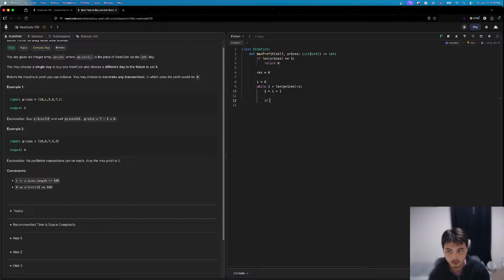If prices i is less than prices j, we can do a calculation, right? So res is equal to max of res and prices j minus prices i, right?